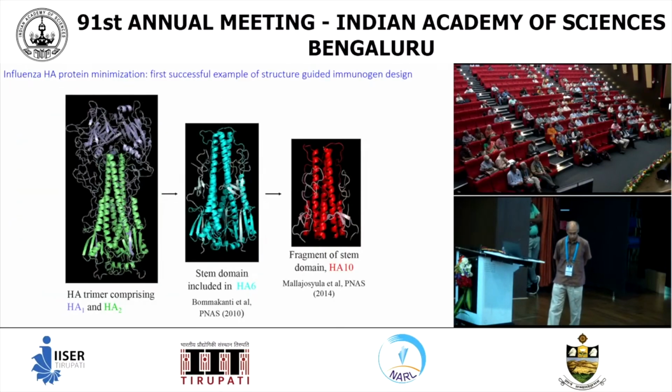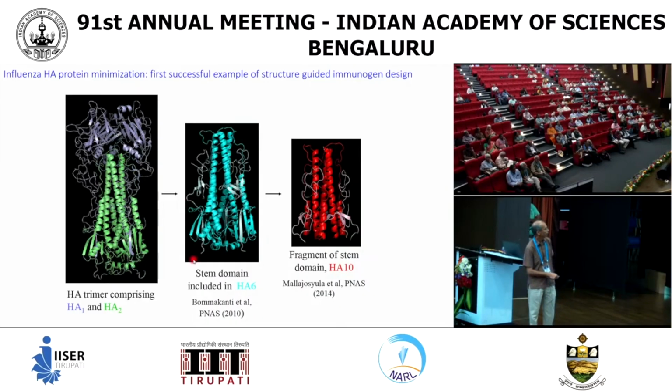So several years ago, we figured out that in the flu virus, there is this protein hemagglutinin, and this is the part which binds to the receptor, the sialic acid receptor. This lower part is involved in the fusion of the viral and cellular membranes, and it is relatively well conserved.